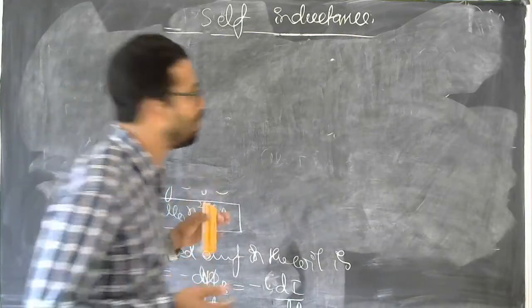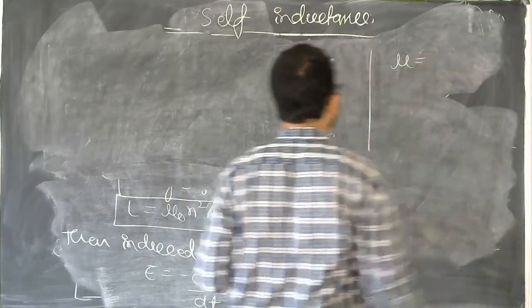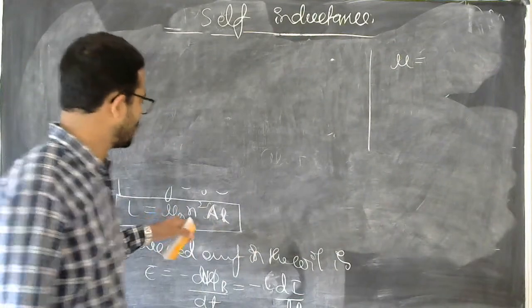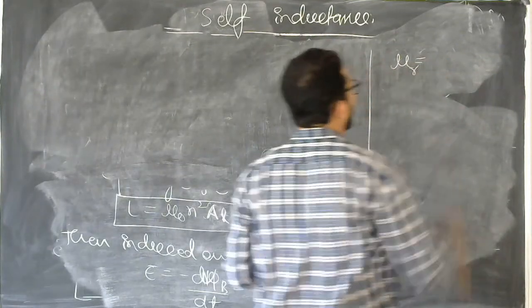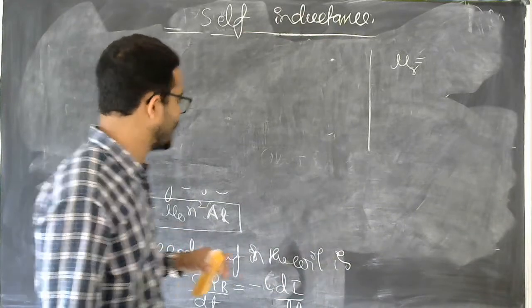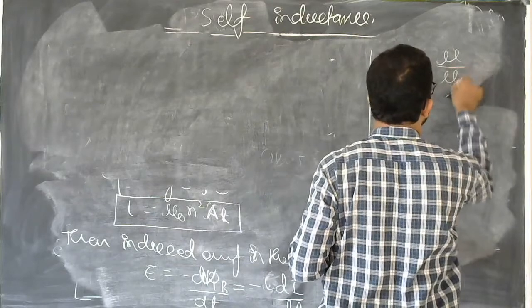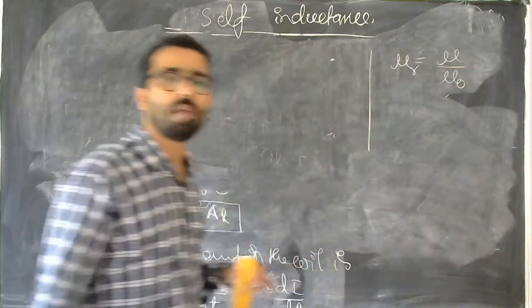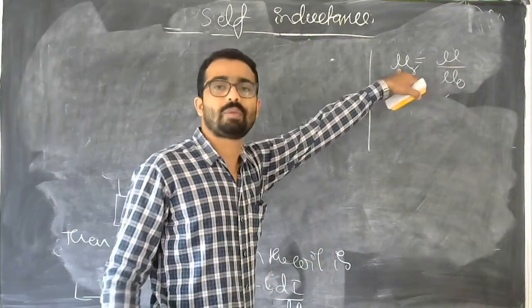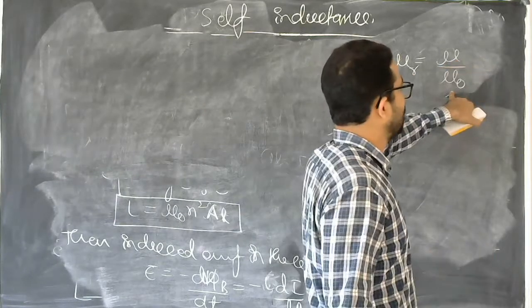How to alter this? See here, mu r is the relative permeability, then we can write this as mu by mu naught. So mu by mu naught is the relative permeability. It is the ratio of the permeability of any medium to that of free space.